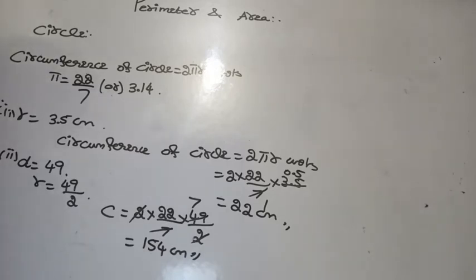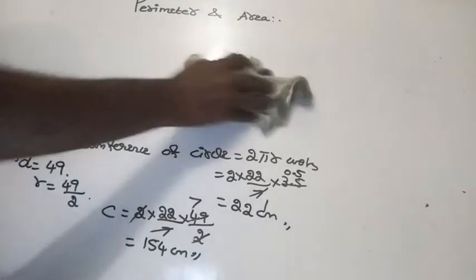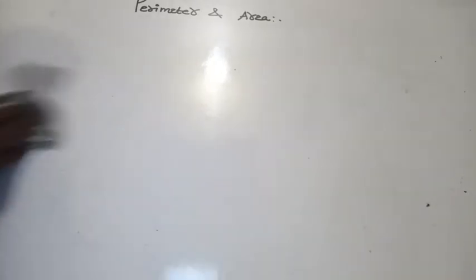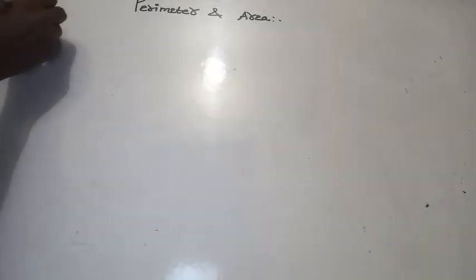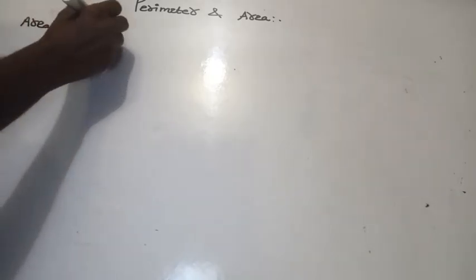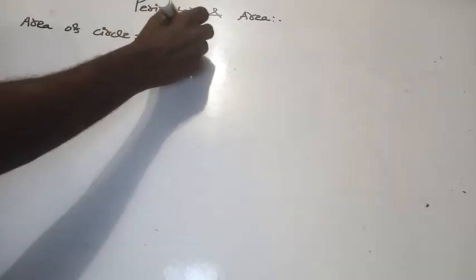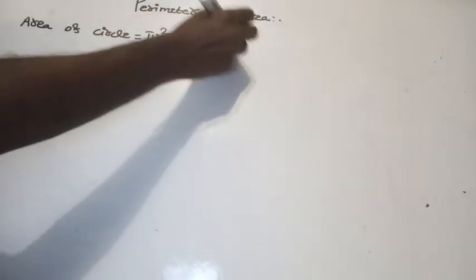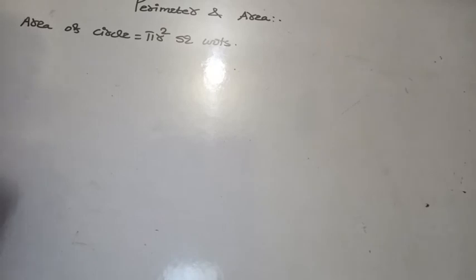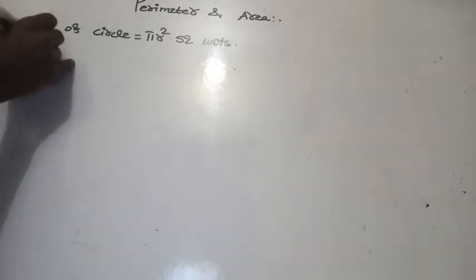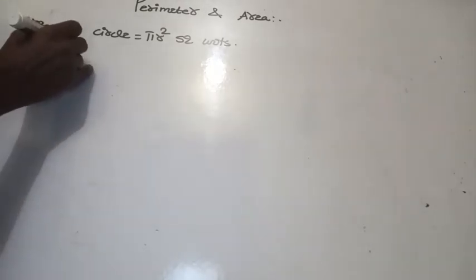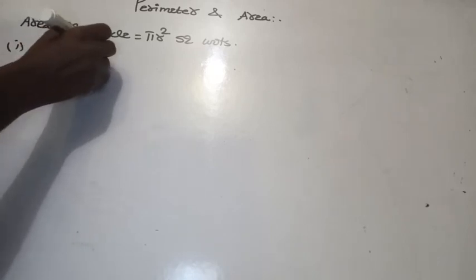Then area of a circle. Area of a circle is pi r square, square units. Suppose the radius of the circle is 3.5 centimeter.